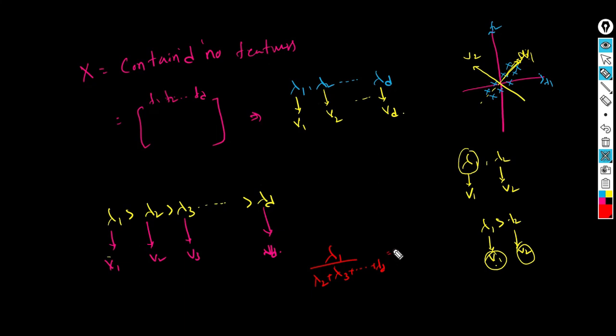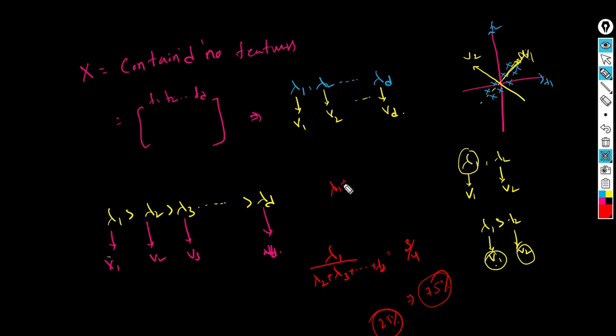By taking this ratio, we know how much information we get by taking the vector v1. Suppose we get 3/4, that means we are going to retain 75% of the information. We are losing only 25%. Sometimes that is fine. If you want more information, we have to consider more eigenvectors.